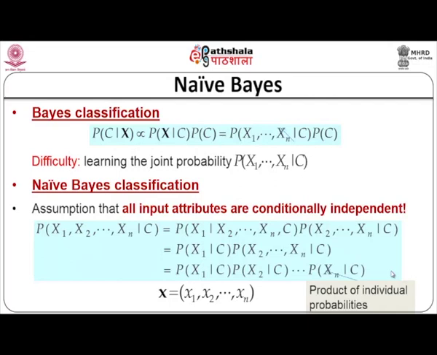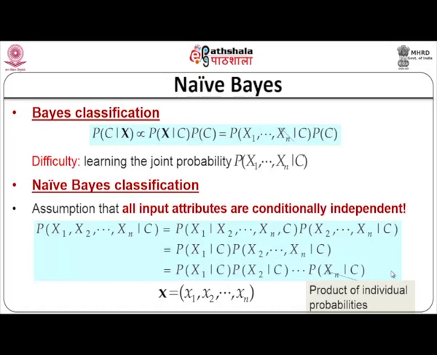are conditionally independent. Therefore, P of x1, x2 to xn given C is now divided as: the probability of x1 given C, the probability of x2 given C, and so on.